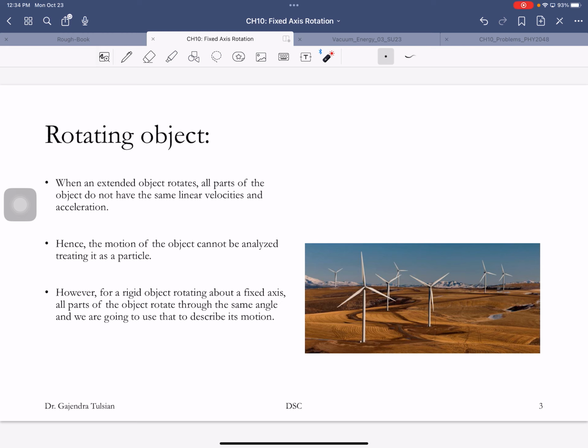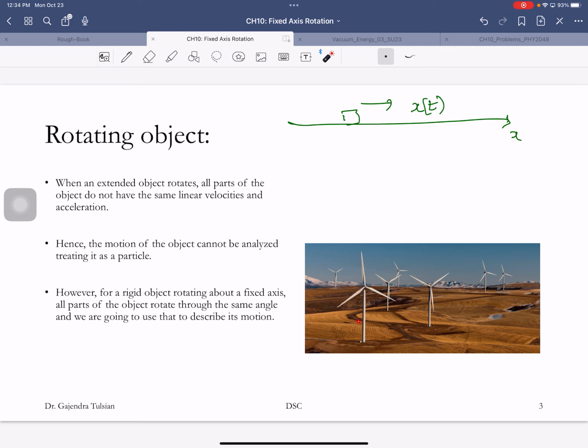Now, for one-dimensional motion, you remember if an object was moving like that, this was the x-axis, and you wanted to describe this motion, describing this motion meant giving x as a function of time. Similarly, describing this rotational motion, you can think of a general rotational motion.